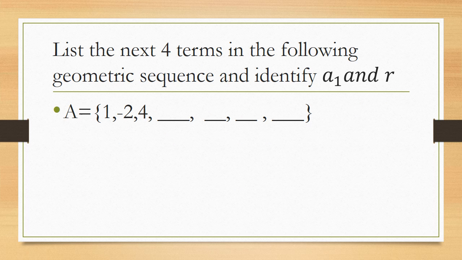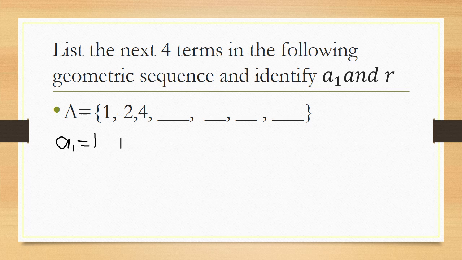Let's take a look at another example. We have this sequence 1, -2, 4, and we are trying to list the next 4 terms after identifying the first term and r. The first term in the sequence is 1, and to be able to find r, all I need to do is divide 2 consecutive terms.